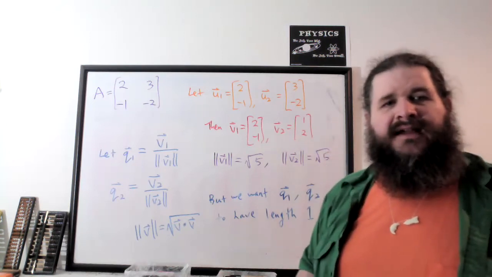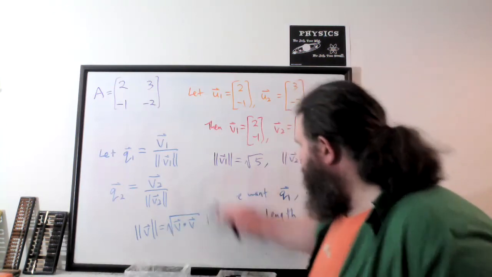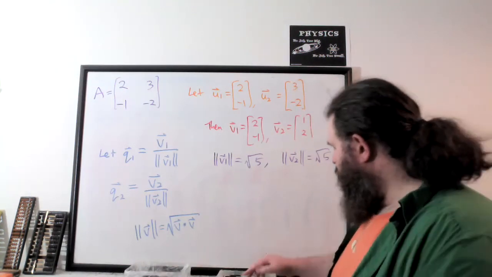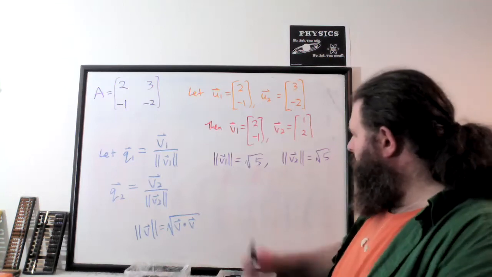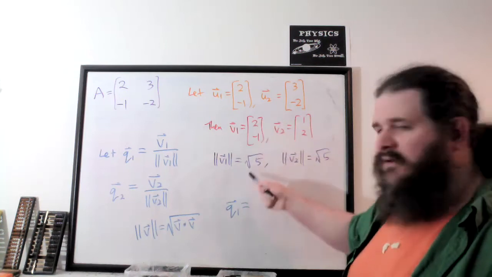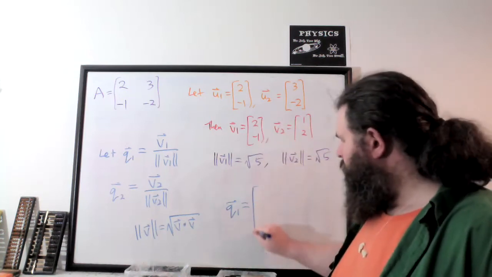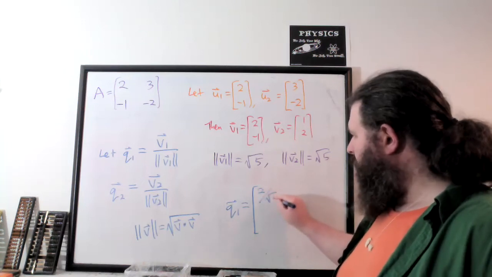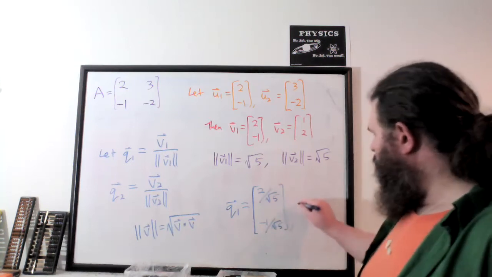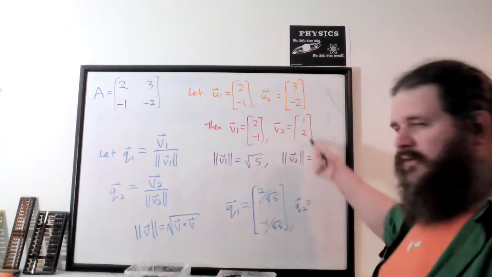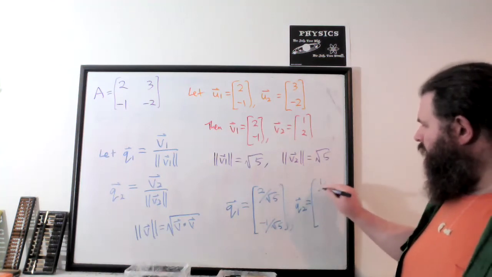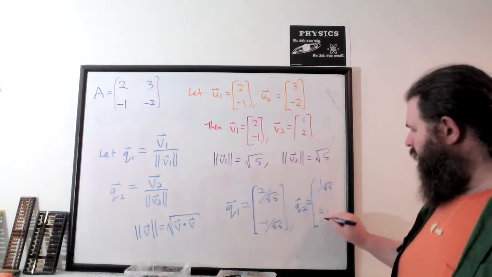So all we need to do is take each vector and divide by its own magnitude. That gives us Q1 is 2, -1 divided by square root of 5. So 2 over square root of 5, -1 over square root of 5. And then Q2 is vector V2 divided by square root of 5. So 1 over square root of 5, 2 over square root of 5.